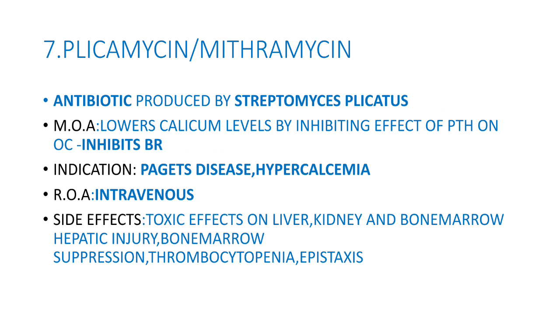It is indicated in Paget's disease and rarely in hypercalcemia. The route of administration is intravenous, and it has toxic effects on liver, kidney and bone marrow, causing hepatic injury, bone marrow suppression, thrombocytopenia and epistaxis.